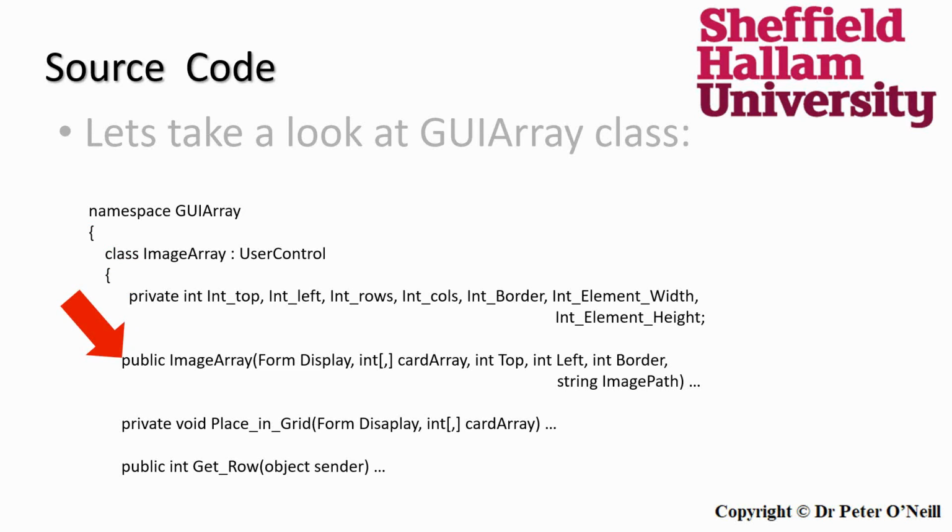Public is the constructor; this one's the constructor, and it says construct this object. Notice this one is public, so it can be accessed through the base class. This one is private because we don't want anybody just putting images on the form. We only want our own class doing that. Whereas this one again is public and returns an integer value saying which row the clicked item is on.